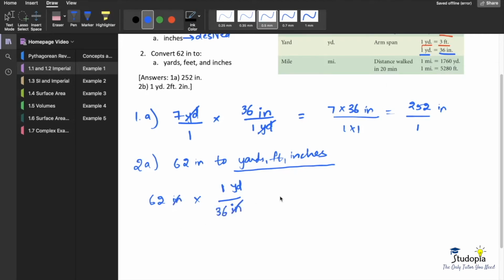Cancel out inches, and what are you left with? 62 yards in the numerator, and then multiply everything in the denominator. That's 36. So if you plug it into your calculator, 62 divided by 36, you get 1.72 repeating. So what I want you to do from the 1.72 is keep the whole number, which is 1, okay?